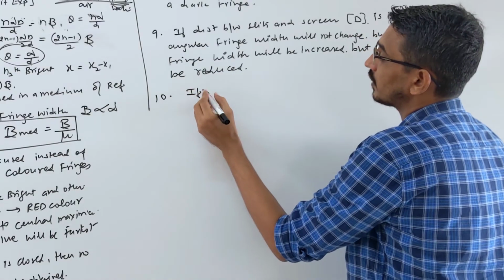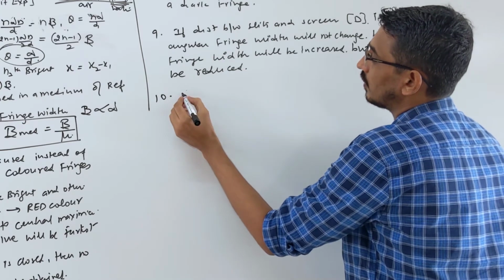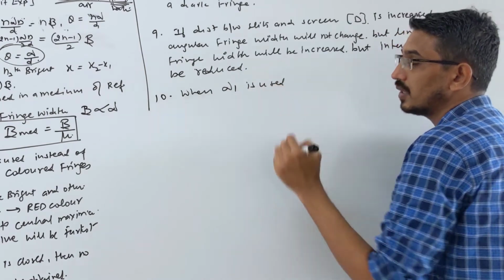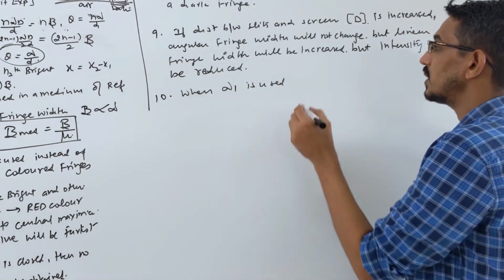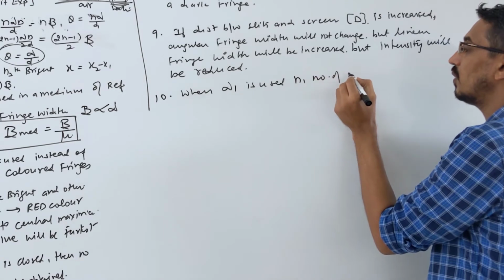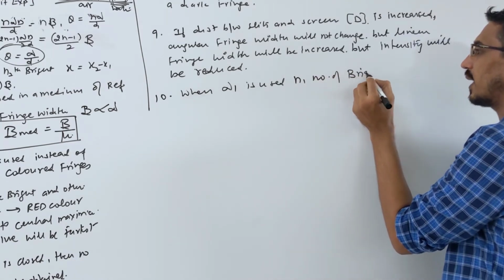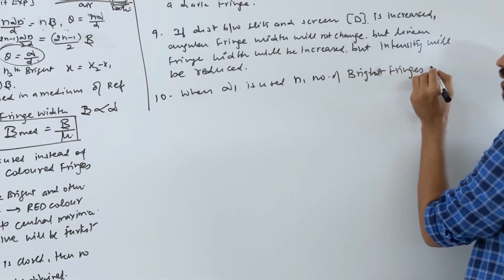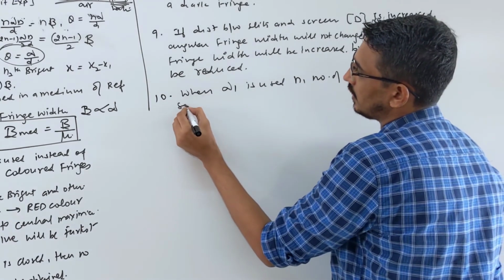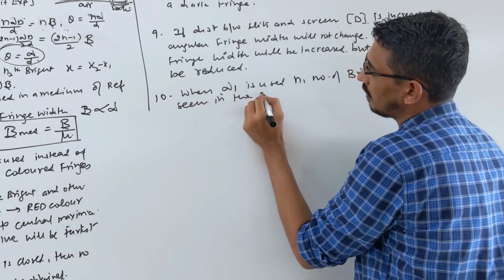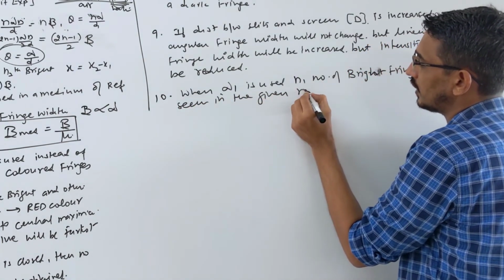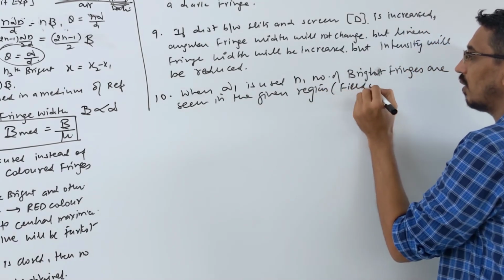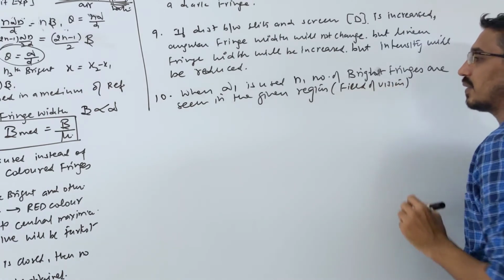When lambda 1 is used, suppose you are using lambda 1 wavelength, then n1 number of bright fringes are seen in the given region, or people call it field of vision, these names they will use, in the given space.